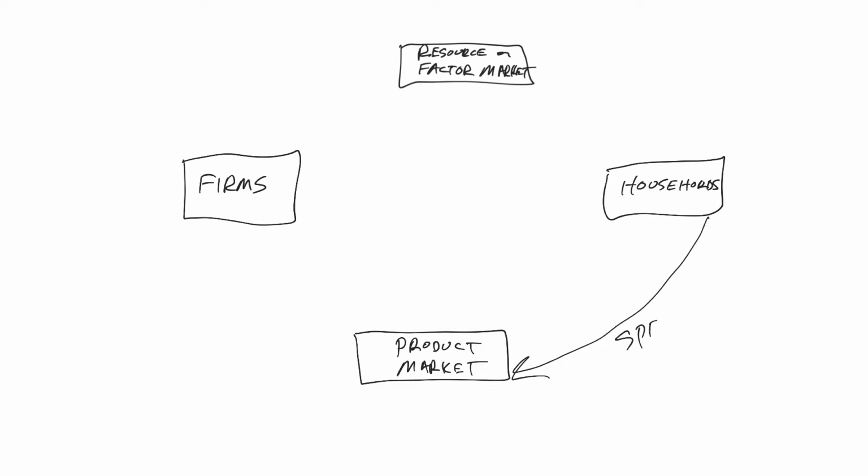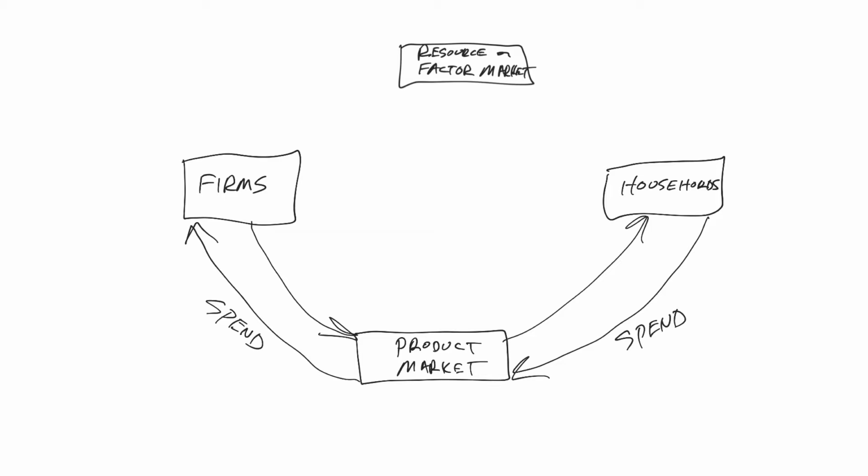Households spend money in the product markets and that money goes to firms, and what do they get back? Goods and services.